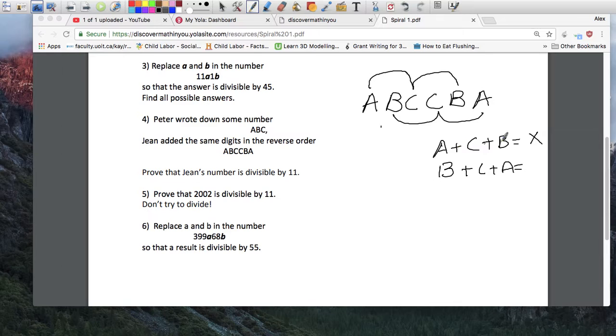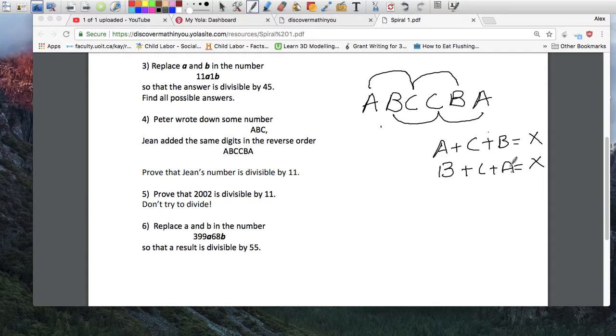Well, notice that I'm adding the same three numbers again. On the first one, I added A plus C plus B. And here at the bottom, I added B plus C plus A. They're the same number, except that the order in which I'm adding is different. So whatever I get here, this will also be an X.